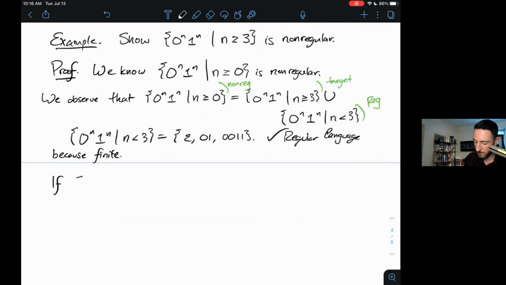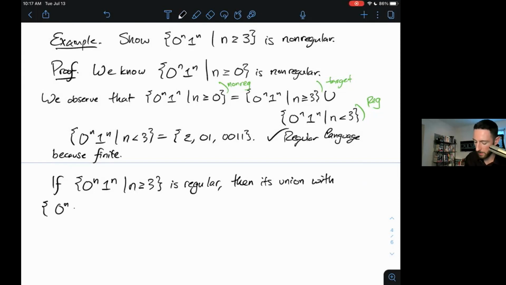If 0^n 1^n such that n is greater than or equal to 3 is regular, then its union with 0^n 1^n such that n is less than 3 is regular by the closure of regular languages under union.